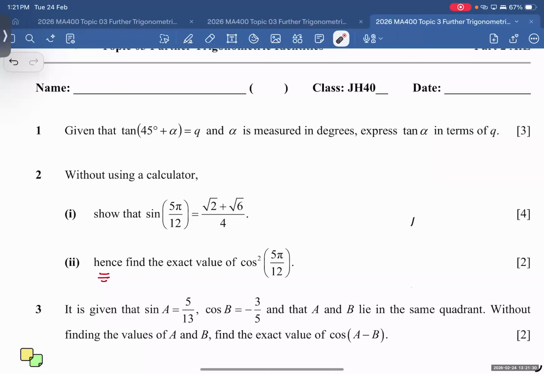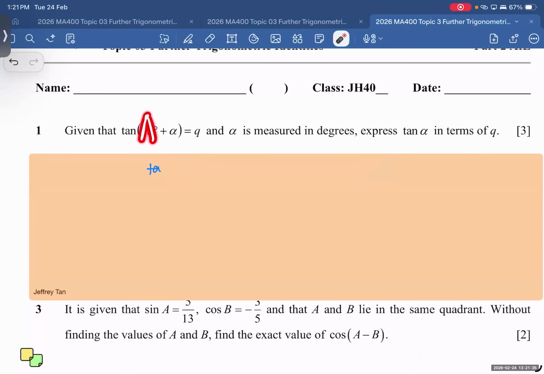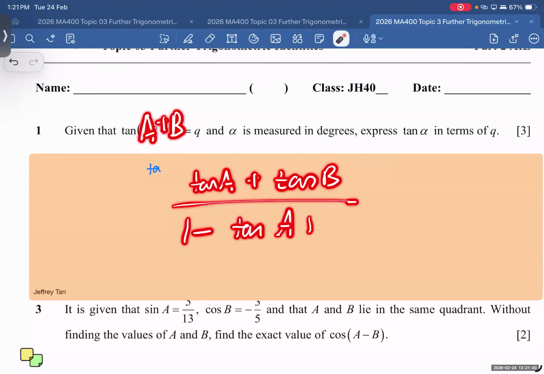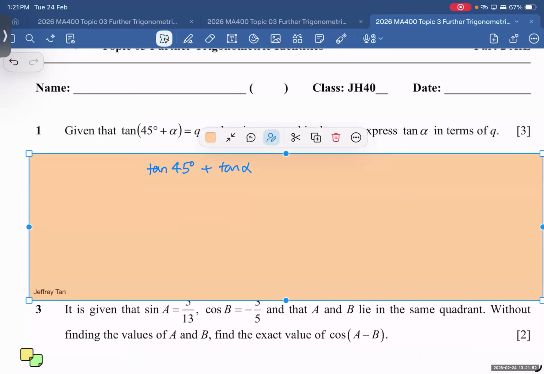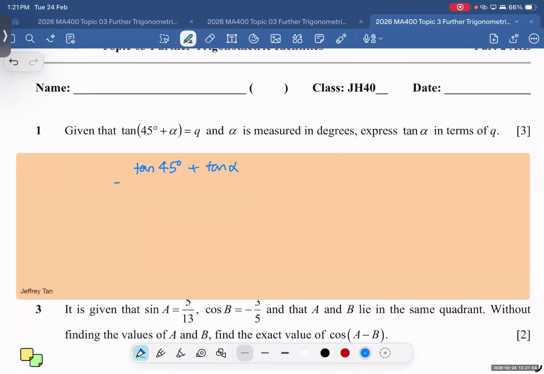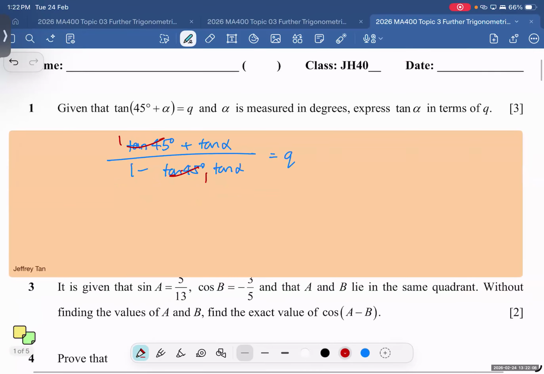We know that tangent A plus B is tangent A plus tangent B over 1 minus tangent A tangent B. So Jayden, Lloyd, what is tangent 45 degrees? 1. So this is the value of 1. You just make tangent alpha the subject.